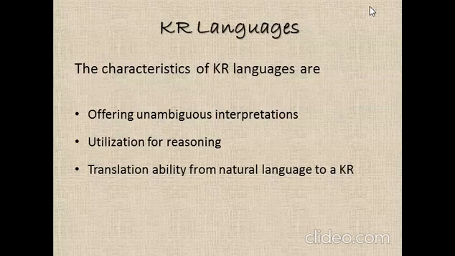Then they can be used for translating something from natural language to the knowledge representation. So these are the three characteristics of knowledge representation languages: interpretation is unambiguous, it is used for reasoning purpose, and it can be used for translating anything from natural language to knowledge representation.